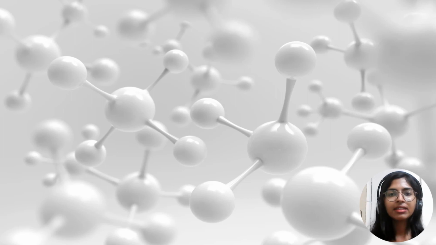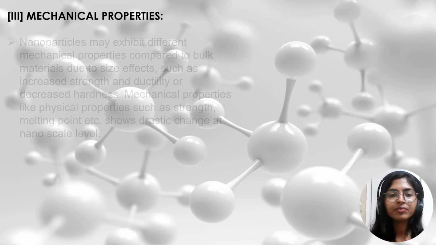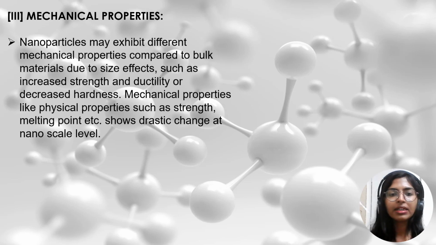Now let us discuss the third property, that is mechanical property. Nanoparticles may exhibit different mechanical properties compared to bulk materials due to their size effects, such as increased strength and ductility or decreased hardness.